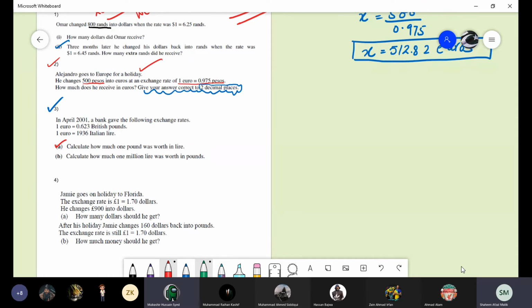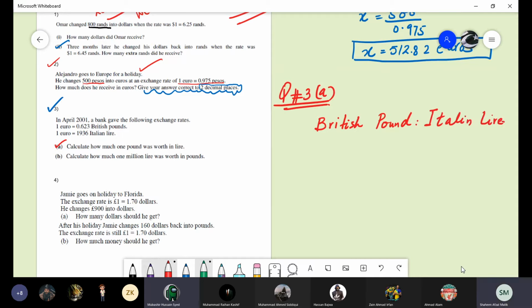First we are going to convert British pounds into euros, and then divide it by the Italian lira.